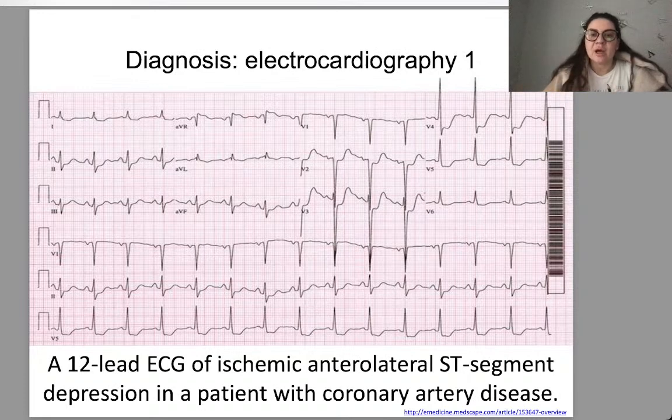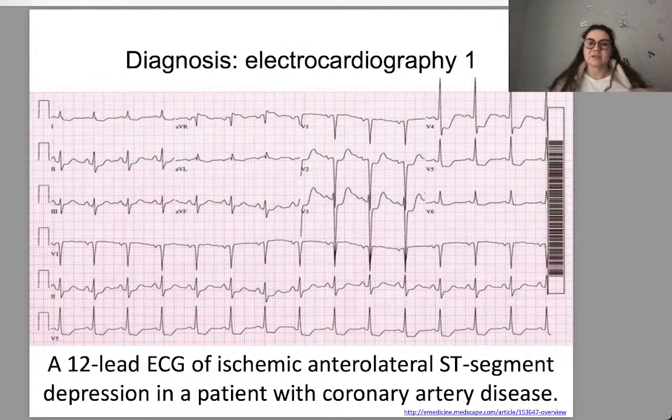If today we discuss chronic forms, the most often it is ST depression and inversion or changes in the T wave. These are the waves on ECG most responsible for ischemia. And here you see an example of ECG with ischemic anterolateral changes.